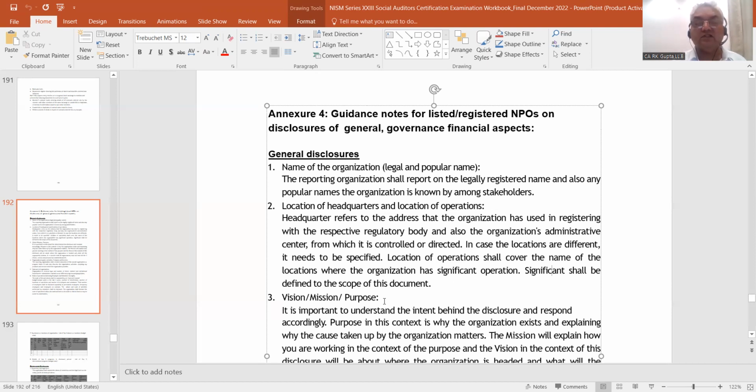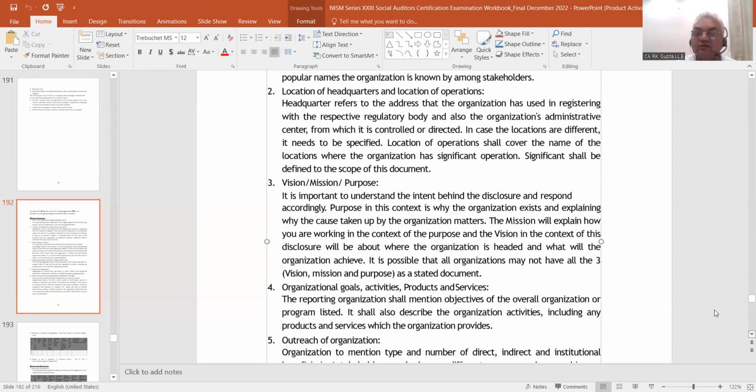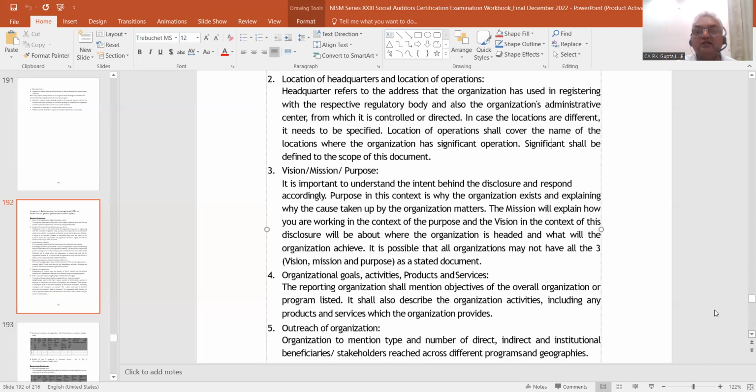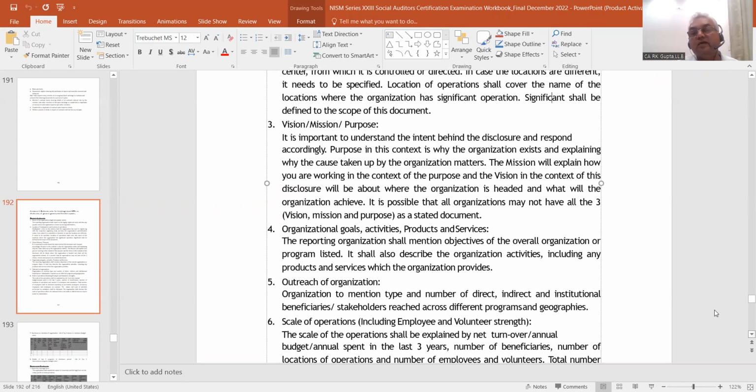Then vision, mission, purpose. So purpose is the context in why the organization is existing, and explaining why the cause taken up by the organization matters. So mission will explain how you are working in the context of the purpose, and vision in the context of this disclosure will be about where the organization is headed and what will be the organization's achievement.